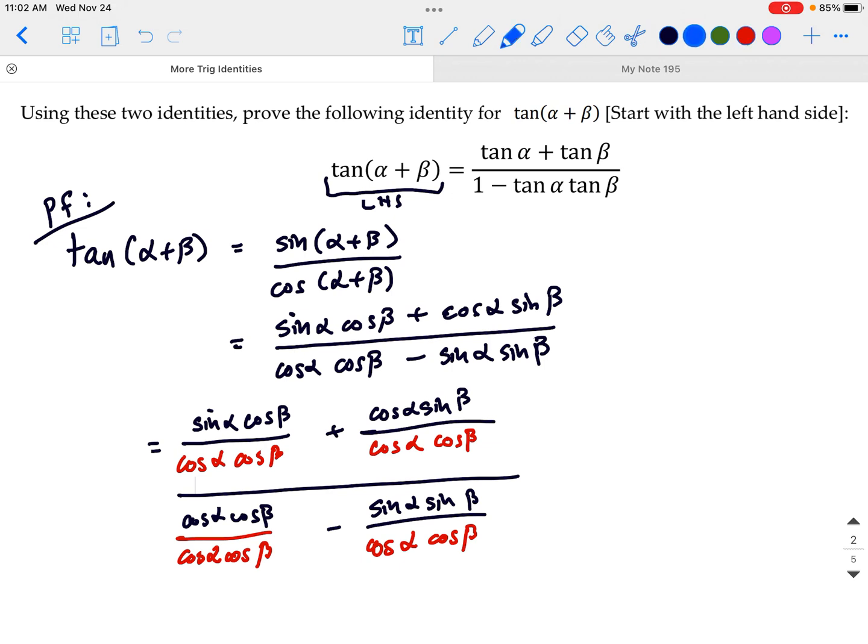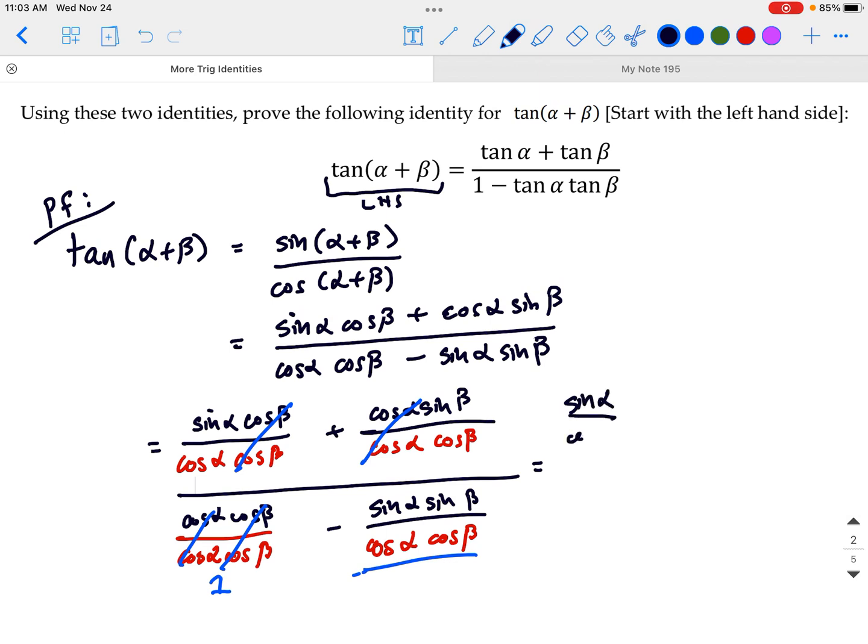And if we look, we're going to end up with some nice things. So our cosine betas will cancel from the first term, cosine alphas will cancel from the second term in the numerator. We'll get double cancellation here, so that's going to give us the 1. And then here we get no cancellation.